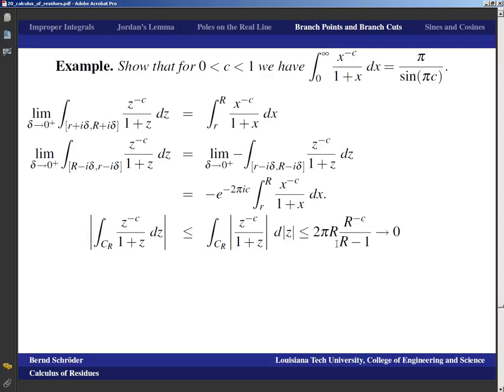And that still goes to 0 because R over R minus 1, well, that goes to 1, but R to the minus c goes to 0, so we're good with that.